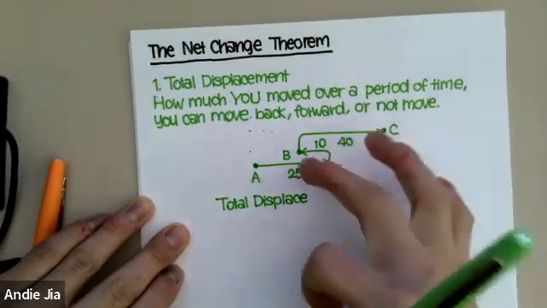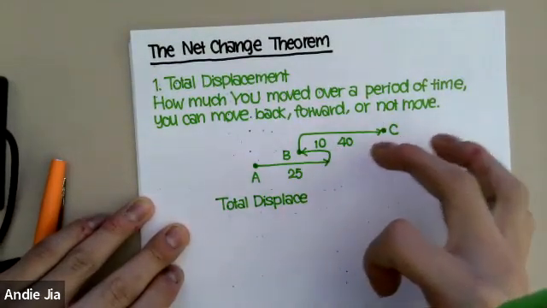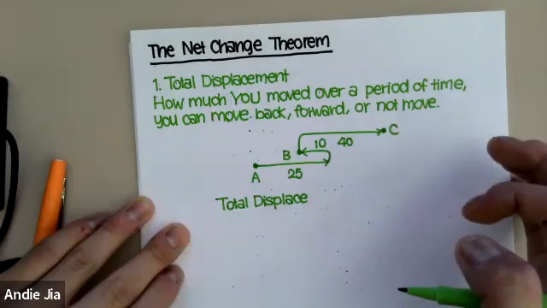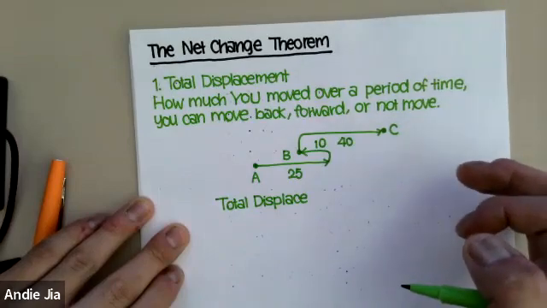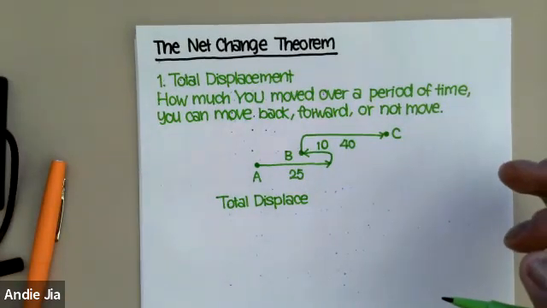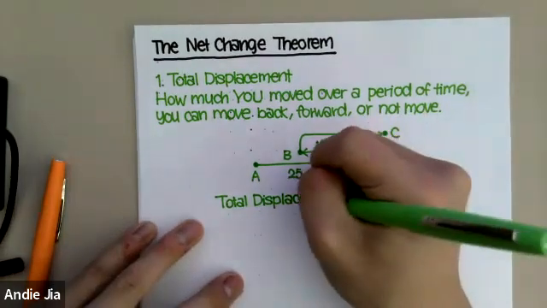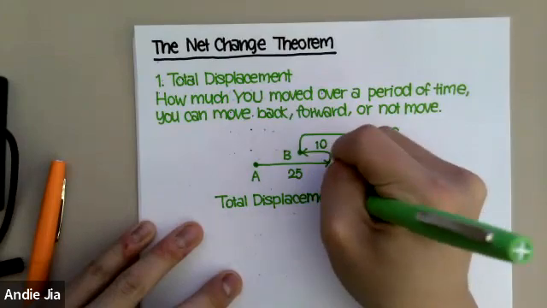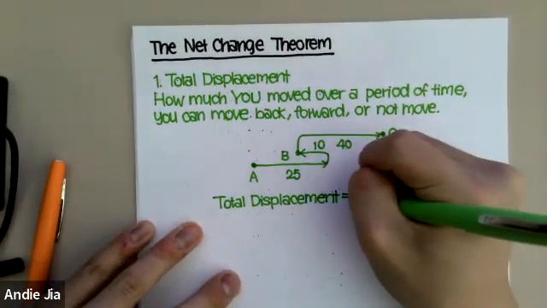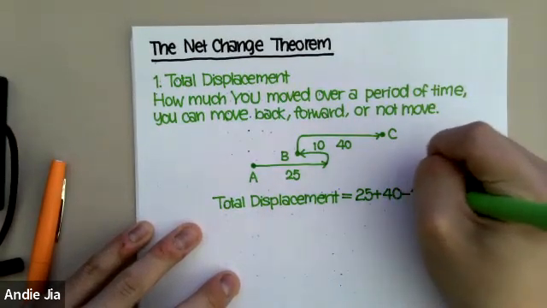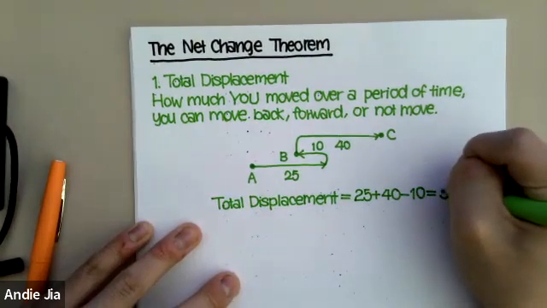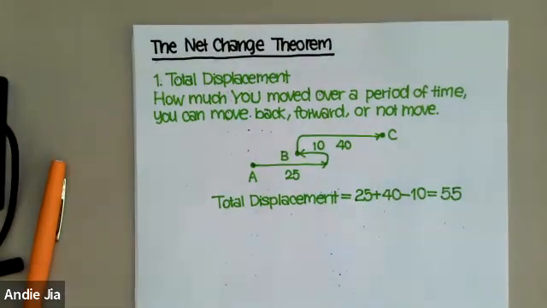No, the total is going to be 55 meters. Move back is negative. Move up, positive. Not move is zero.